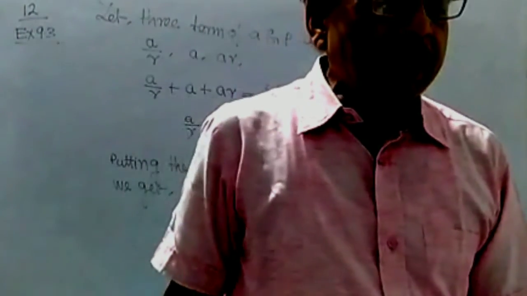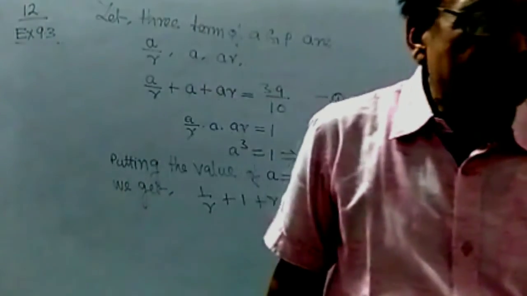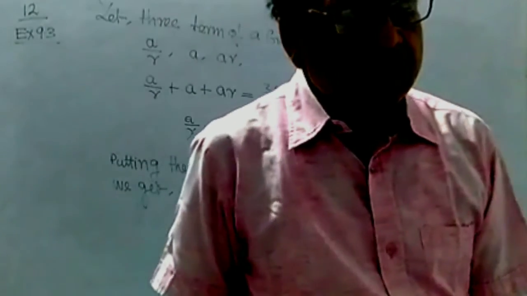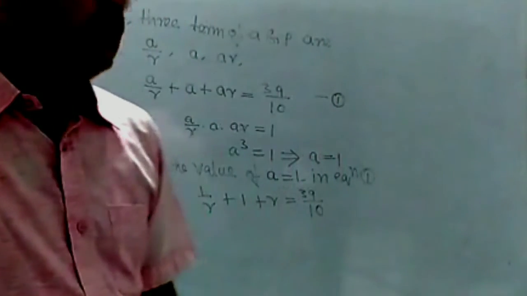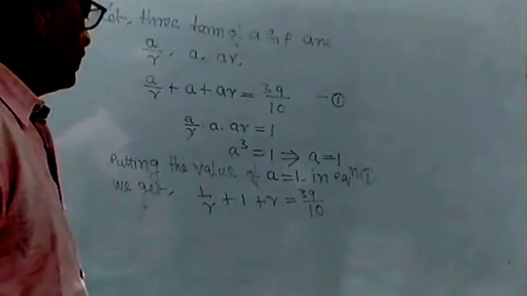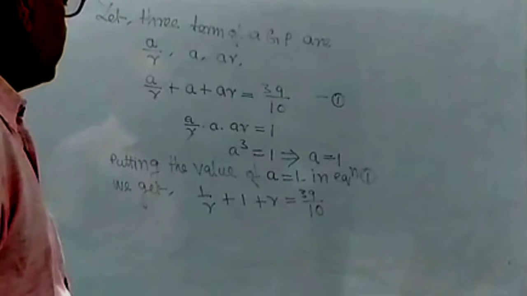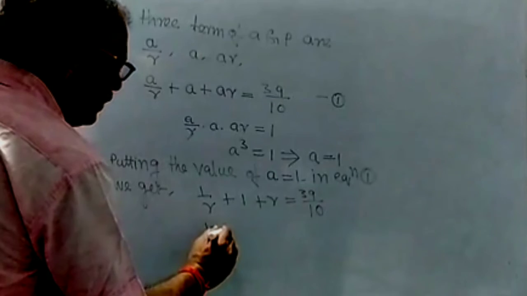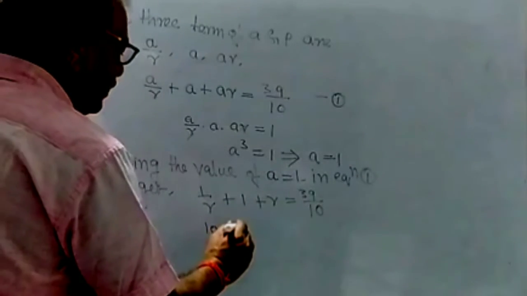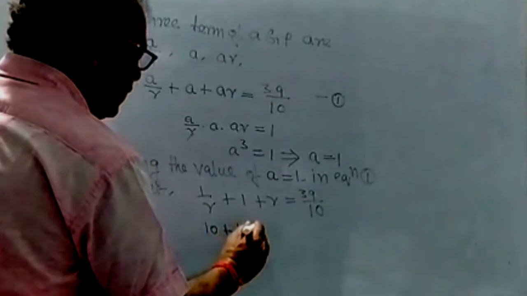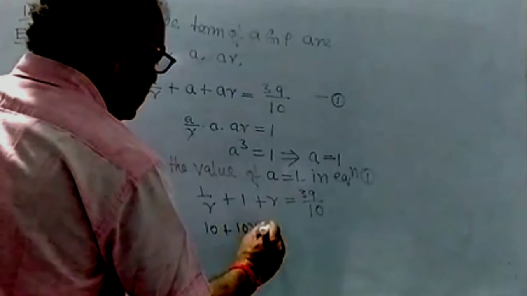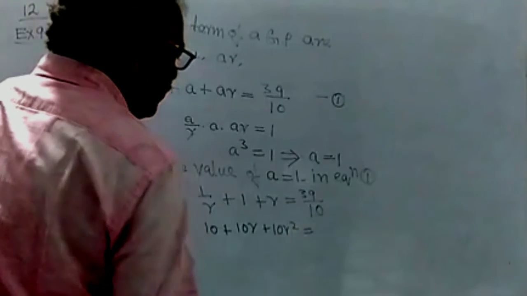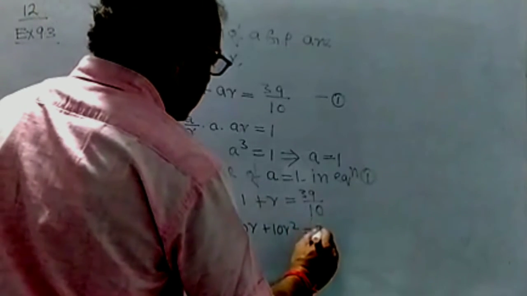Now multiply this by 10r, then you get 10 plus 10r plus 10r square equal to 39r.